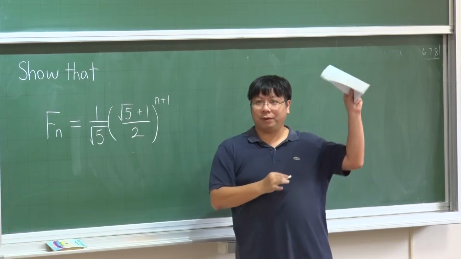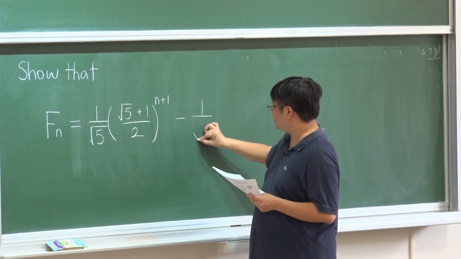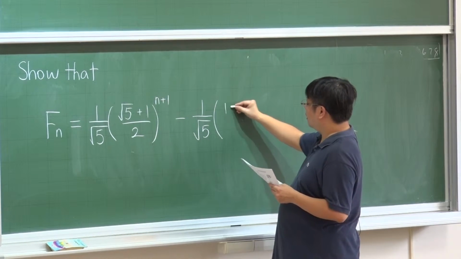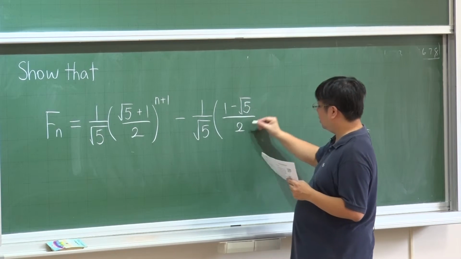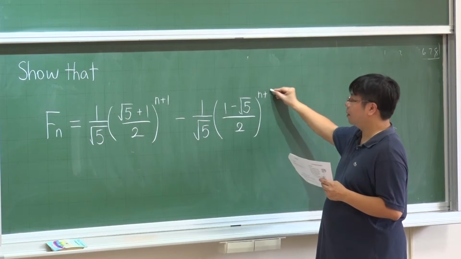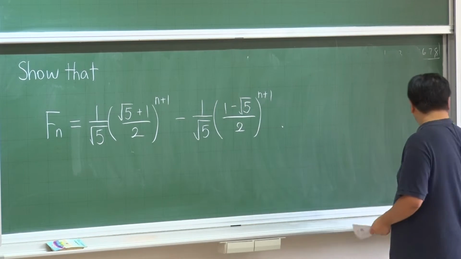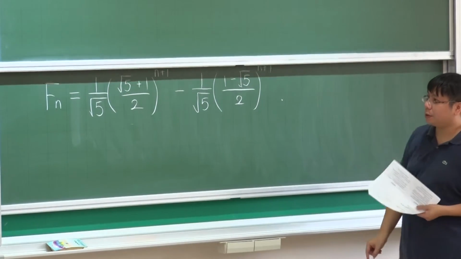There is a typo in the slide, so it should be n plus 1. Minus 1 over square root 5 times (1 minus square root 5 over 2) to the power n plus 1. We're going to show that this is true. And how do we show it?